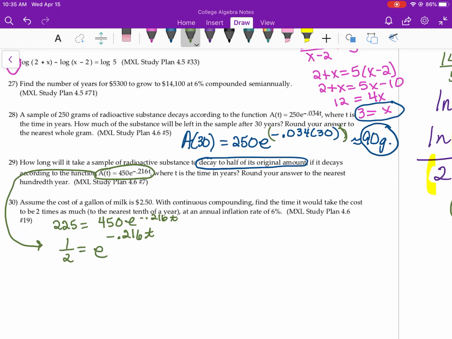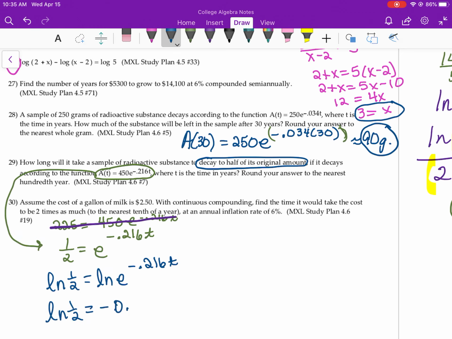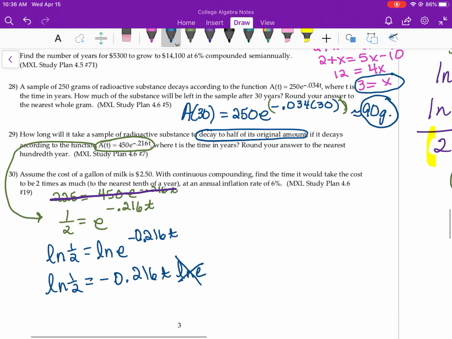For half-life, though, I tend to just totally skip that step, and I go straight to that equation. All right, I just need to find the time, so I'm going to do the ln on each side. When I bring the exponent down to the front, I have the ln of e there, but that's 1, so I don't have to worry about it.